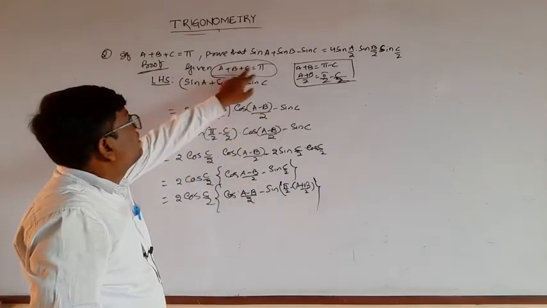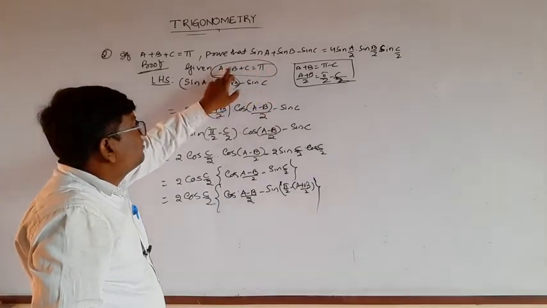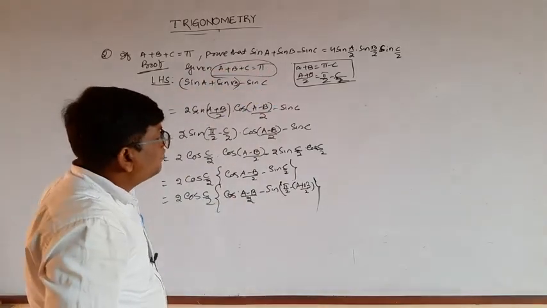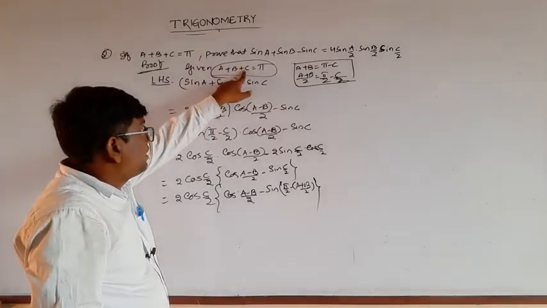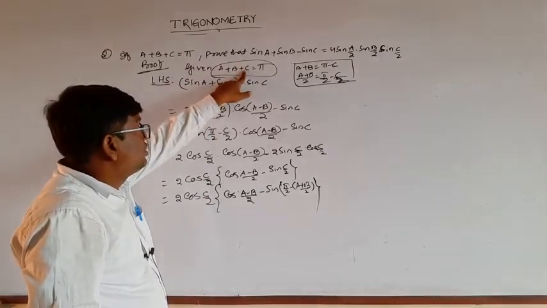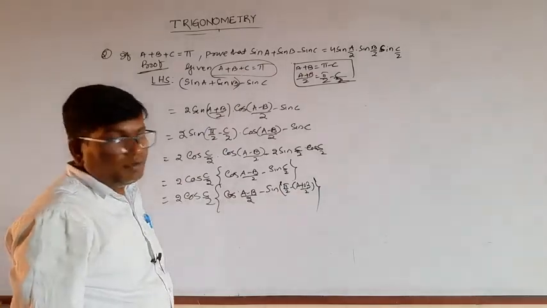So A plus B is equal to pi minus C, (A plus B) by 2 is equal to pi by 2 minus C by 2, and C by 2 is equal to pi by 2 minus (A plus B) by 2.